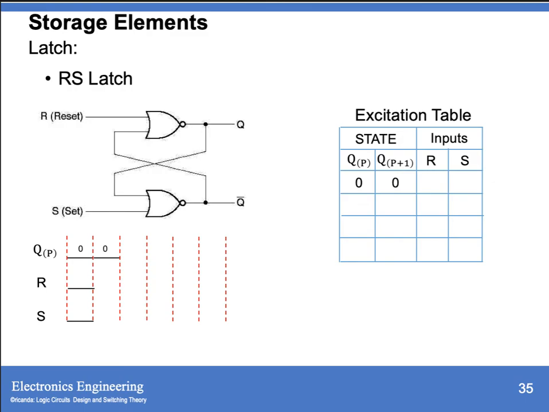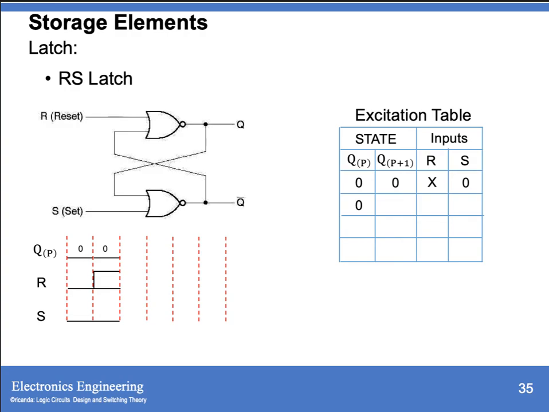So from 0 going to 0, your S is 0, and your R can be 1, or it can also be 0. So when you have a 0 for your R and 0 for your S, remember that is no change. So we have the same output from 0 going to 0. So your R is either 0 or 1.